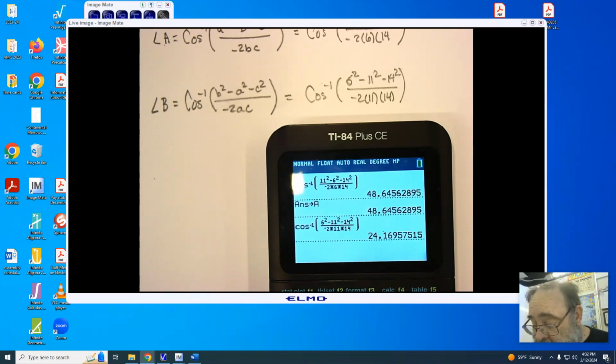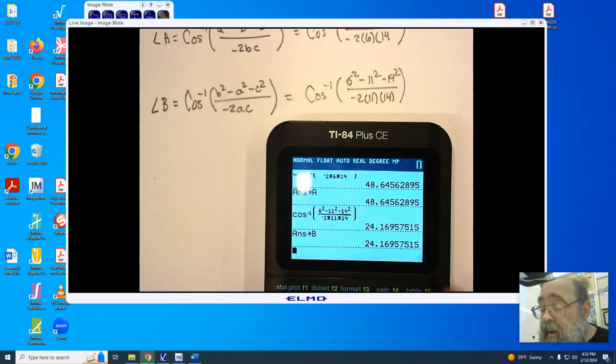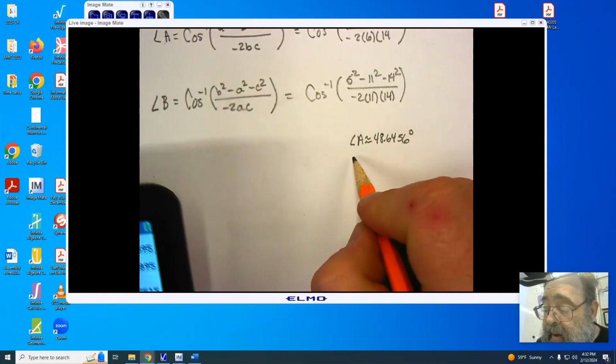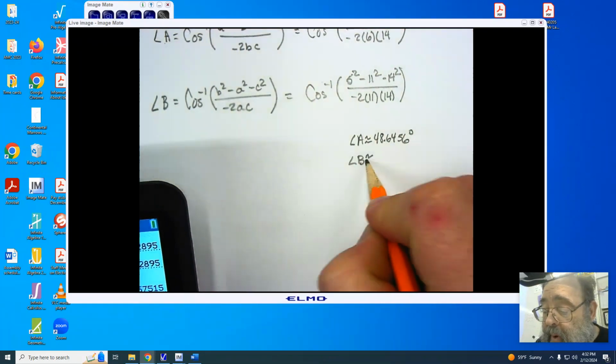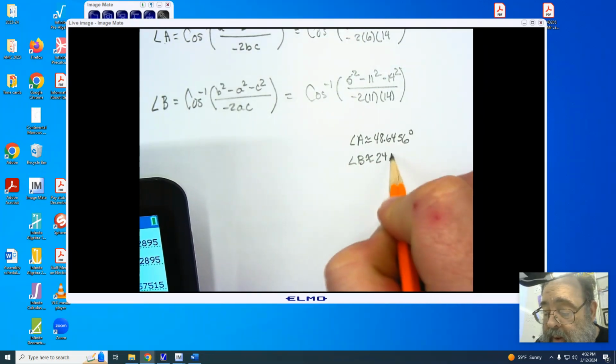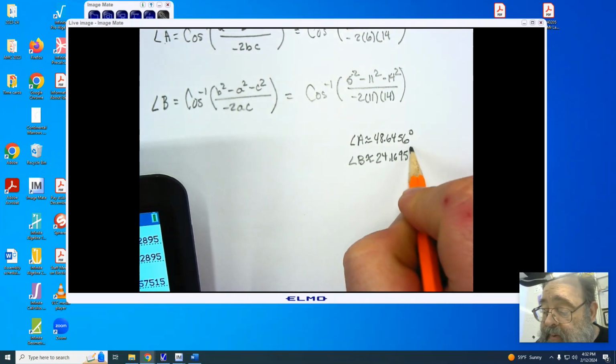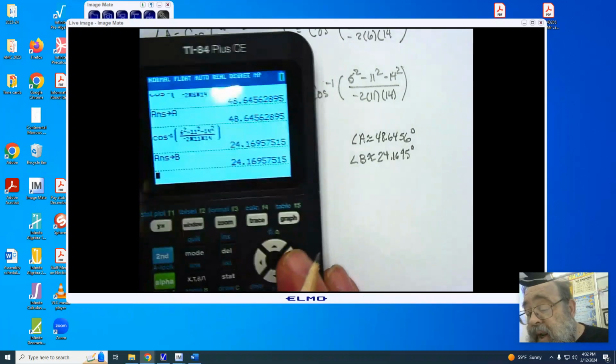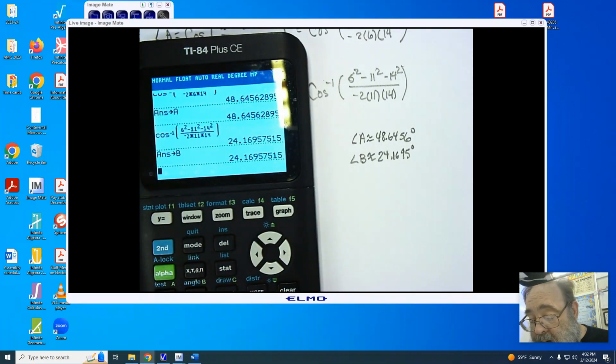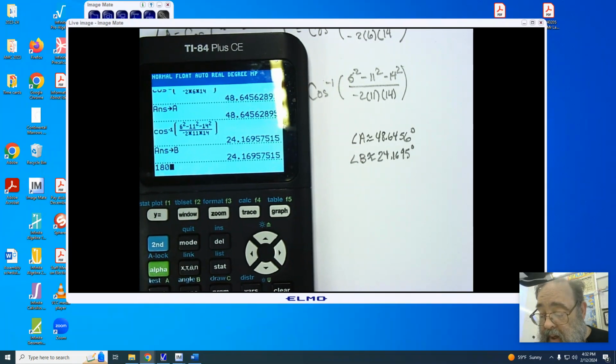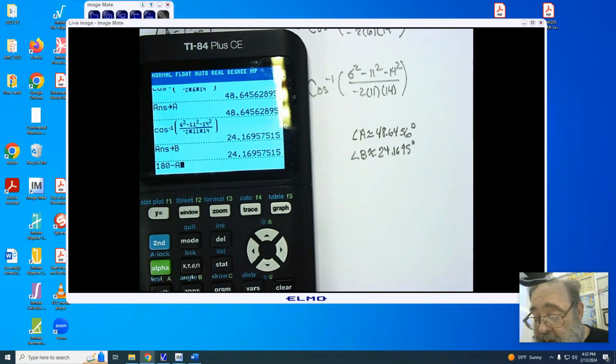Hit enter. Store it in alpha B because that's the angle that it was. And we can now list angle B. Angle B will be approximately 24.1695 degrees.